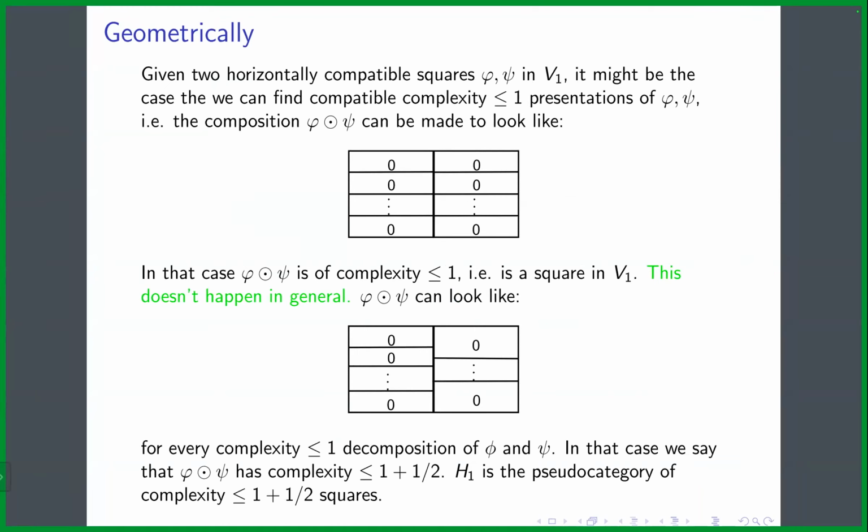So in that case, we say that the horizontal composition of phi and psi is of complexity less than or equal to 1 plus 1/2. And H1, so we started with H0, we got V1, and then H1 is the pseudo category of squares of complexity less than or equal to 1 plus 1/2.